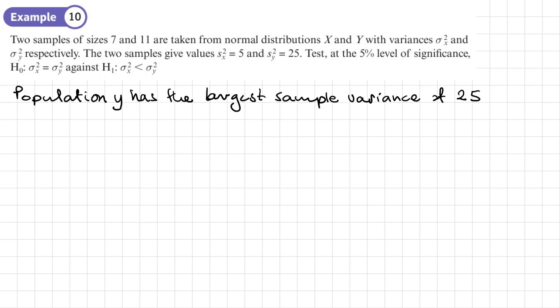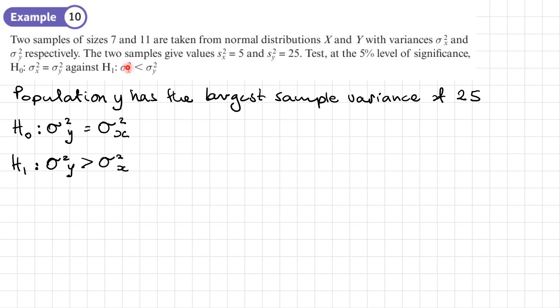Now we need to note that population Y has the largest sample variance. Strictly speaking, that should be the first variance that we write down, so it should really be that way around, but with equals it doesn't matter which way around it's written, it's the same thing. And with H1, we'd write the largest sample variance first, greater than the smaller sample variance.